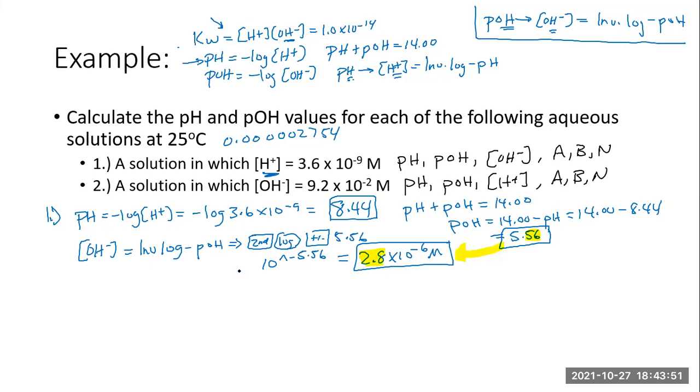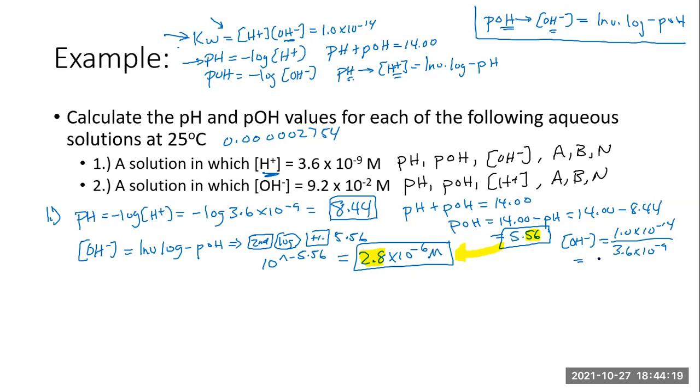Now, again, to show you that if you chose not to do that, but chose to use KW, it should give you the same basic answer. So if we use KW, that would be OH minus is equal to 1 times 10 to the minus 14 divided by the H plus concentration, which is 3.6 times 10 to the minus 9. And again, it should really get you the same answer.